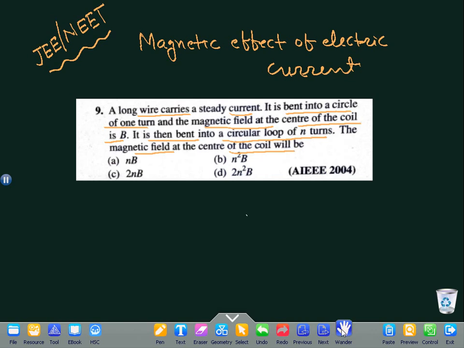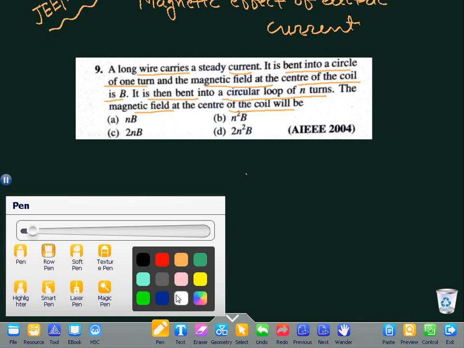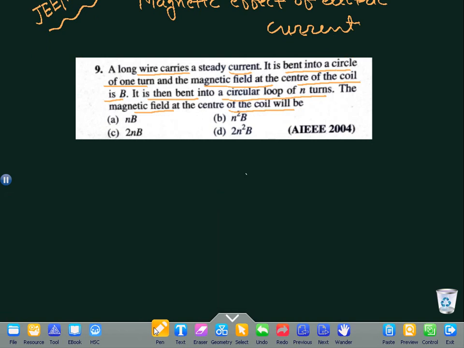So here, to solve this problem, we use the equation of magnetic field at the center of a coil. So what will be the magnetic field?